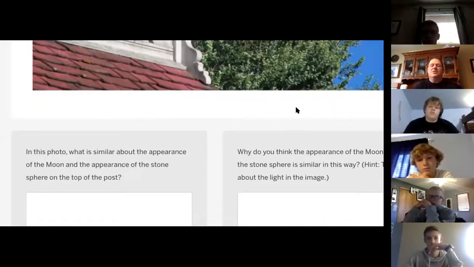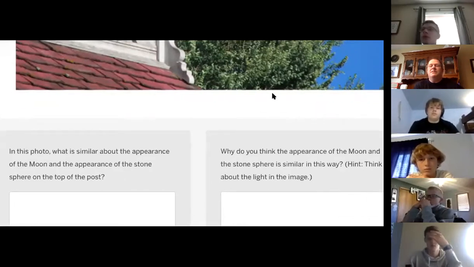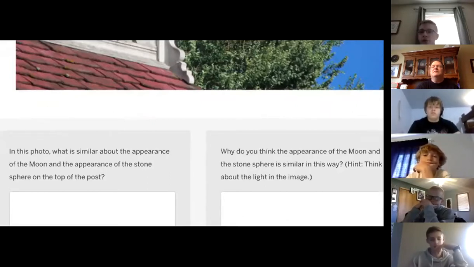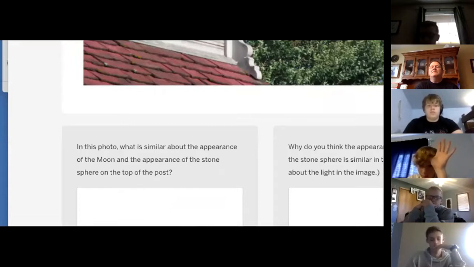Okay, next question. Why do you think the appearance of the moon and the stone sphere is similar in this way? So why are they in the same phase? Braden? Because of the way the sun is shining on them. Yeah, the sun is shining on them at the same angle.